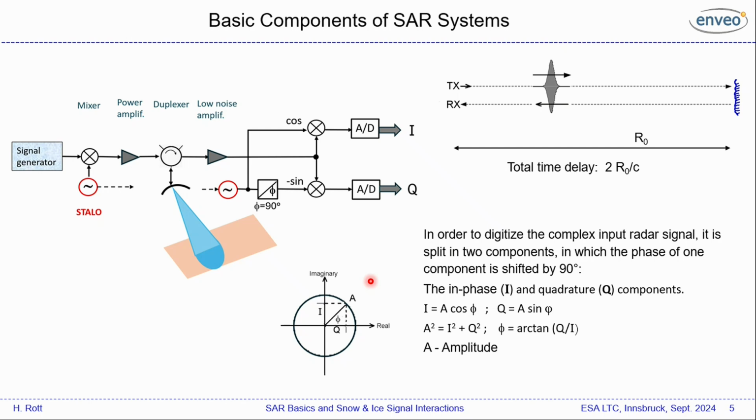We have an amplitude and a phase signal. So if you get a single-look complex data, you get these two components, and then you can get out the amplitude and the phase.